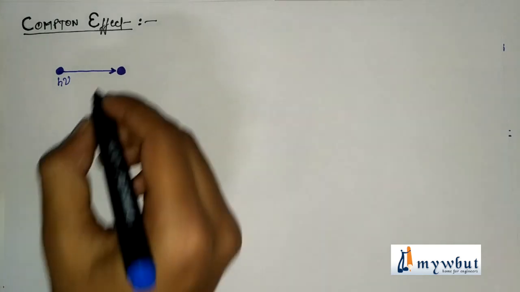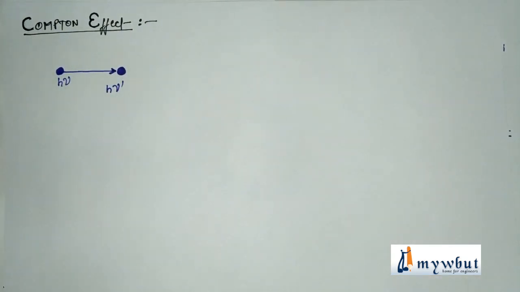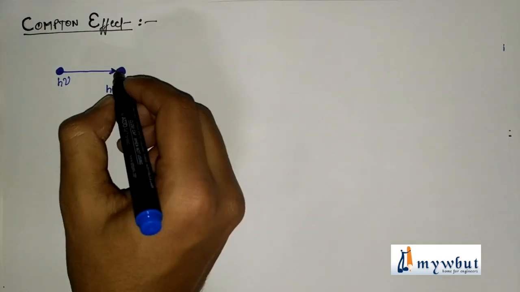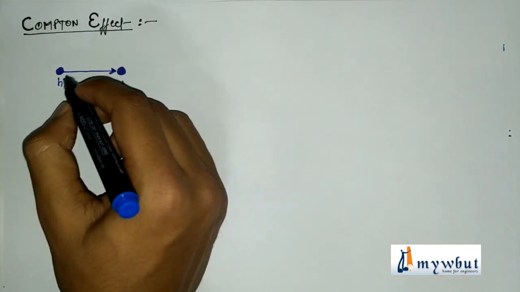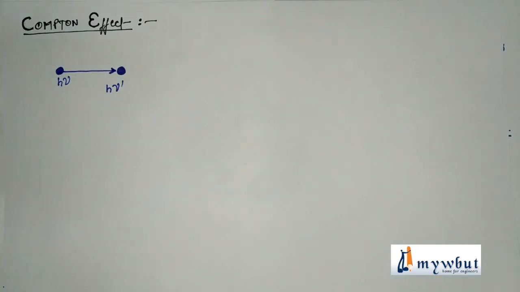So if we consider the transferred amount to be h nu dash, and consequently a greater wavelength takes place, the energy taken by this electron is smaller than h nu and the wavelength is greater than the photon. The observed change in wavelength of the scattered photon, by considering the elastic collisions between the incident photon and the free electrons of the scattering material, is known as Compton effect.